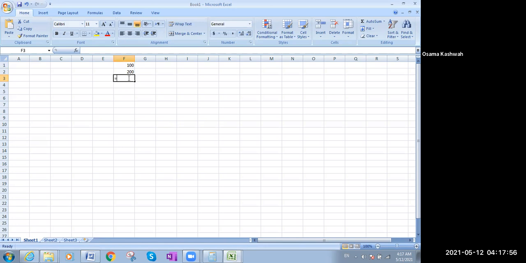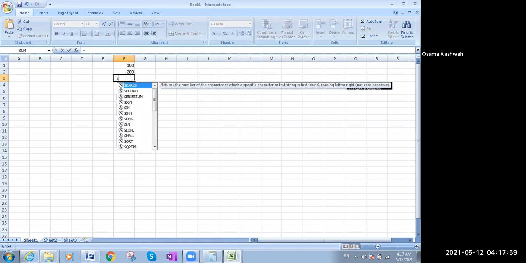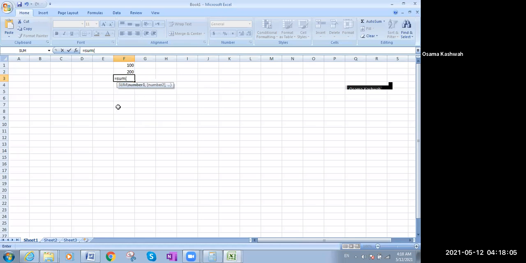So I will say equals SUM, I will take the function sum, then I will open bracket. The first cell is F, and the line is 1.